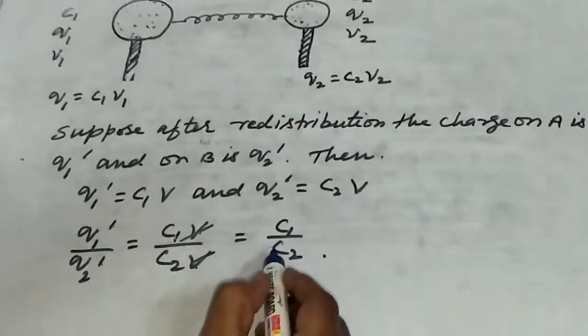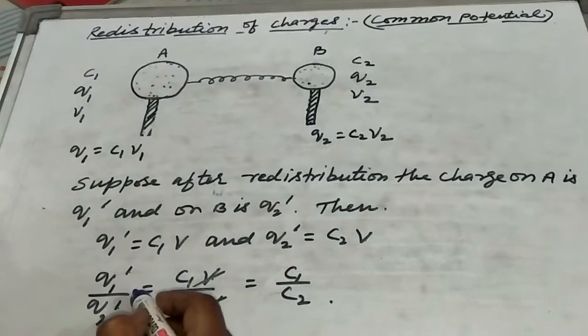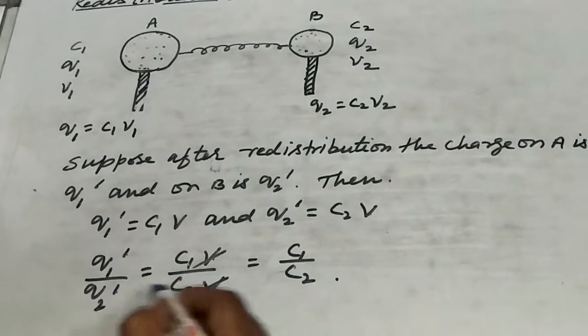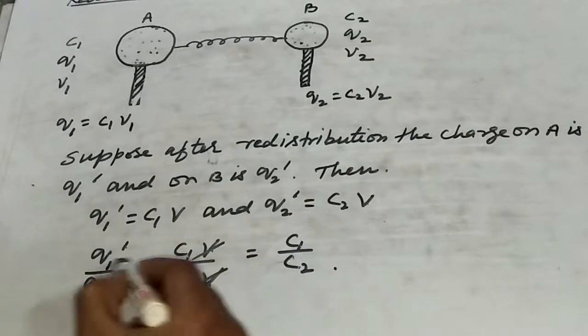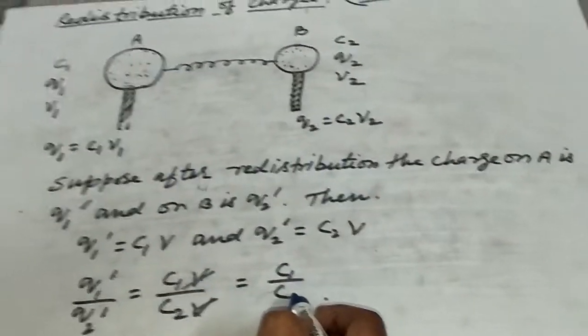That is, on connecting two charged conductors, the redistributed charges on them are in the ratio of their capacitances. It means Q1 dash upon Q2 dash is equal to C1 upon C2.